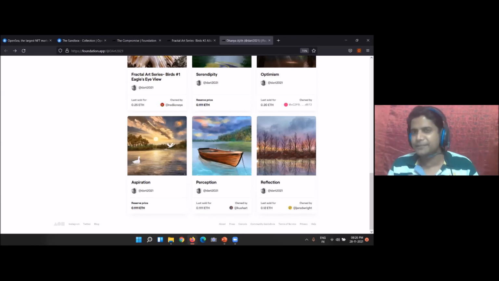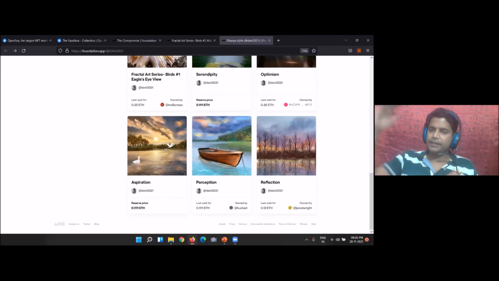Their job is to collect these digital arts, and that is their hobby. There are people who collect these collectibles and keep them, and if there is more demand for that particular artwork, they will sell it off, and other people will be interested to buy, and the price will go up. When there is more demand, obviously the price of that particular NFT token will increase.